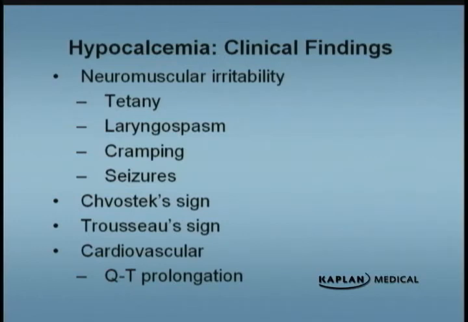There are two signs that we have to remember for the boards that point to latent tetany: Chvostek sign and Trousseau sign. Both of these point to latent tetany. Chvostek sign is basically if you tap over the facial nerve, the patient develops twitching because of the latent tetany.